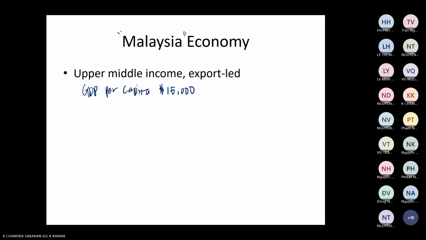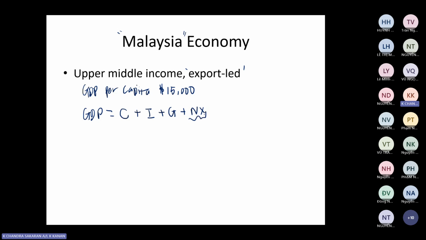This country's economy is strongly dependent on the external sector, export. The GDP comprises four important components, right? So what are the components? Consumption, investment, government spending, net export.